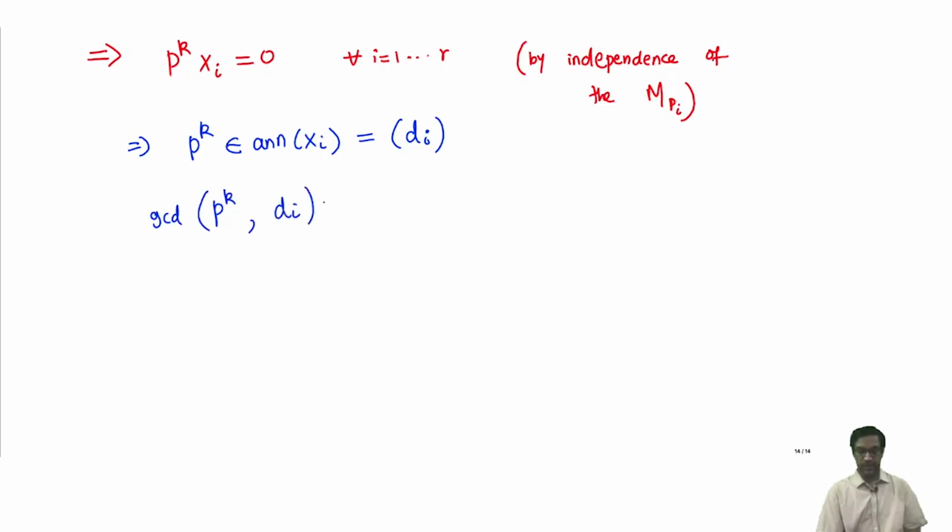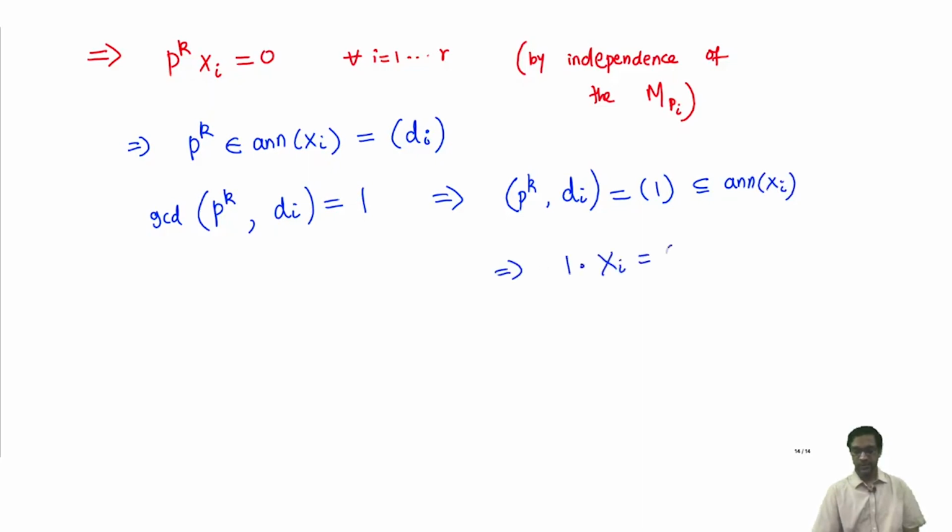So P to the k and d_i are actually relatively prime to each other, which means that both P to the k and d_i are elements of the annihilator of x. So this means that the ideal generated by P to the k and d_i must be the whole ring, but both of them are in the annihilator. So this means that the ideal generated by them is in the annihilator, and like we already did before, this means that 1 is in the annihilator, which means xi is 0, which is a contradiction. So we assumed to start with that xi was a non-zero element. They are the non-zero generators.